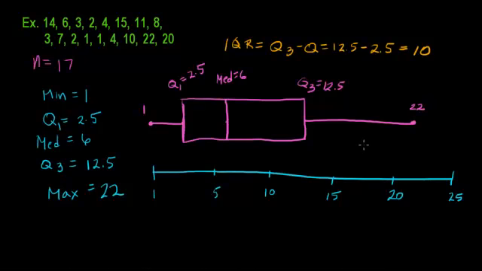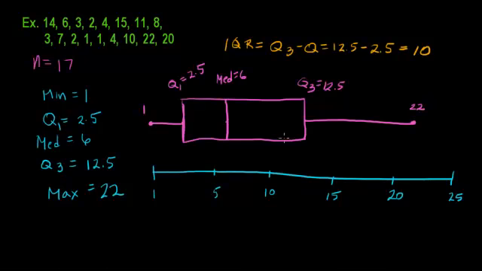So what's important here, number one, is you have to have some kind of scale. You can't just arbitrarily draw this and make the distances anything you want them to be. You need some sort of scale, even if it's your best guess, as I did here. But you have to have some sort of scale that the box is on.